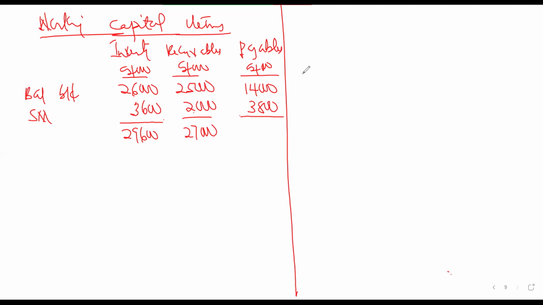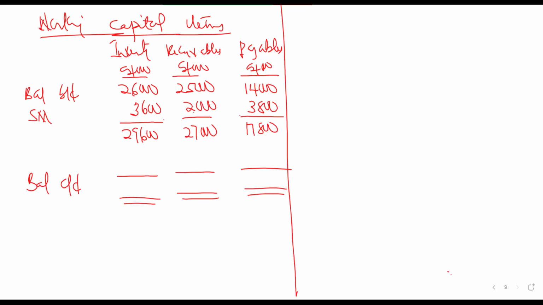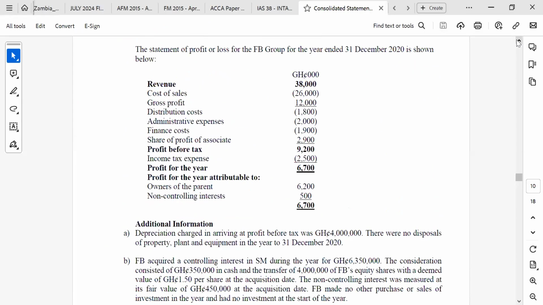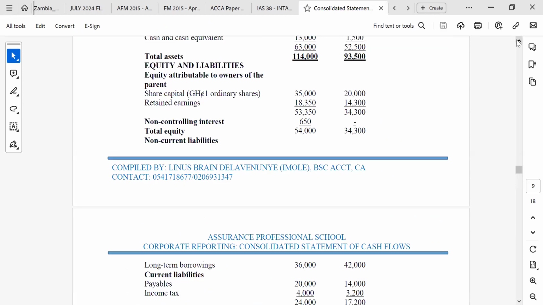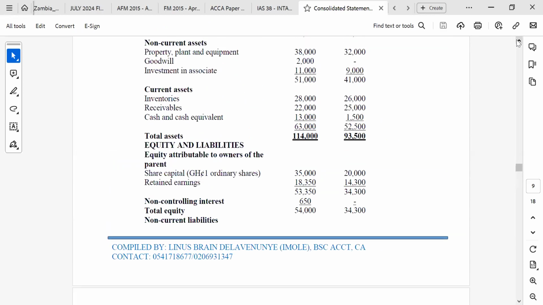Okay. So let's come to, I'm having 17,800 here. So you come to their closing balances. So what are the closing balances in the statement of financial position? What are their balances there?